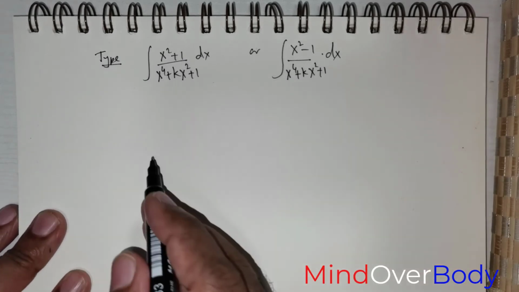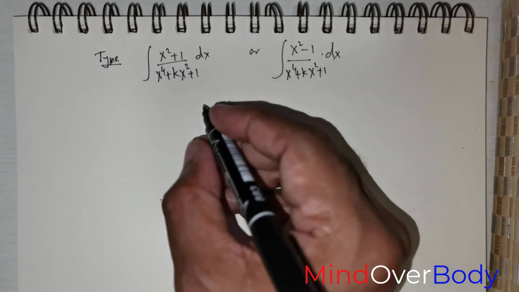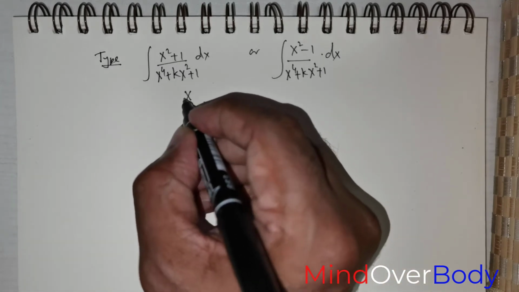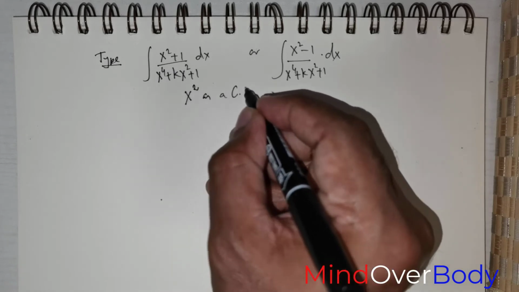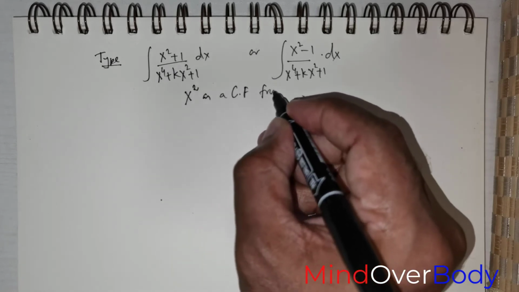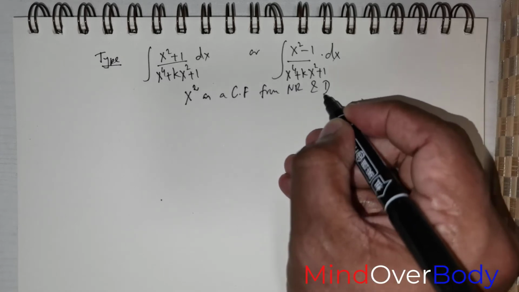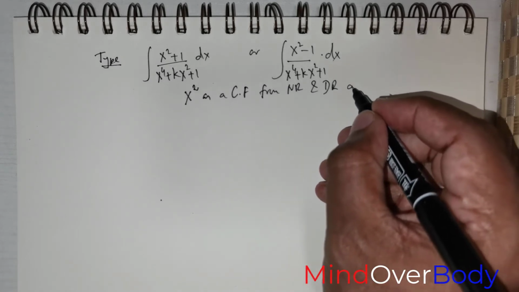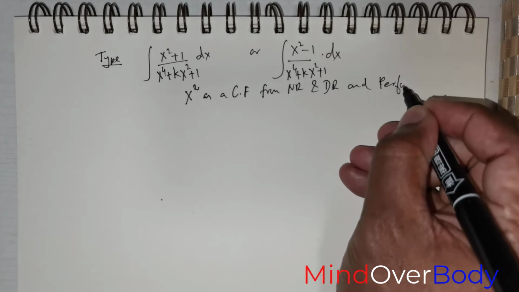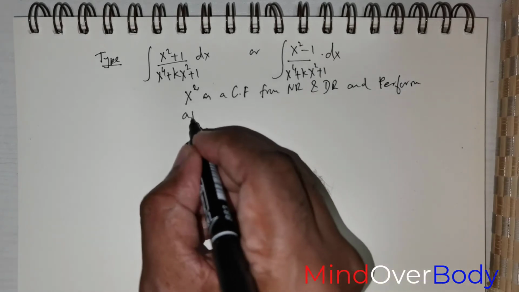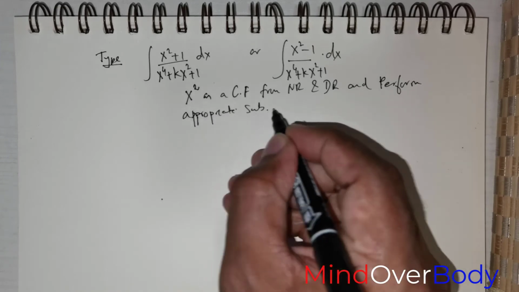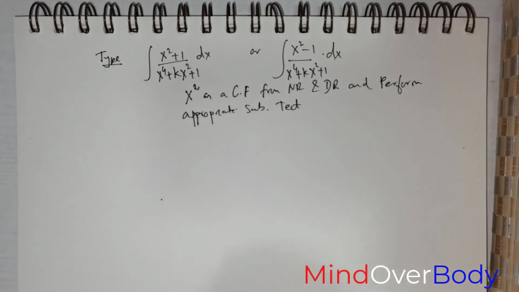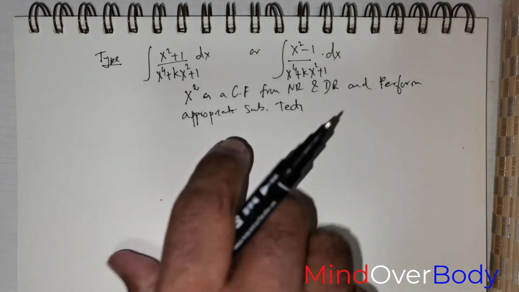Now in either of these cases we will have to take x² as a common factor from the numerator and denominator and perform appropriate substitution technique. So that is the idea.